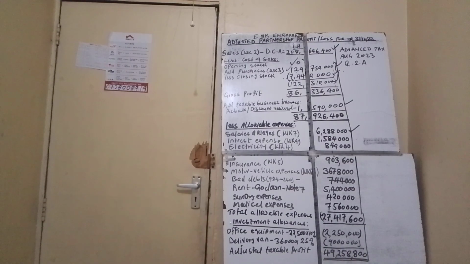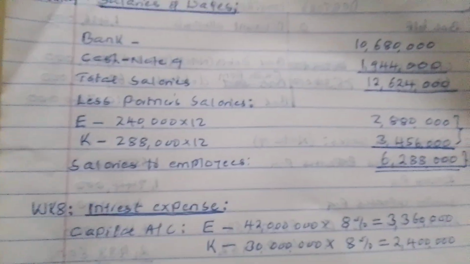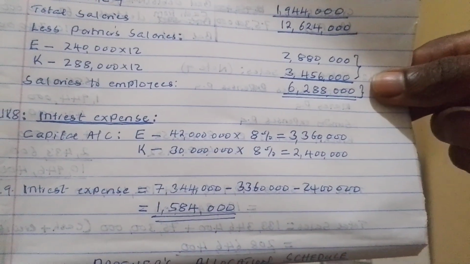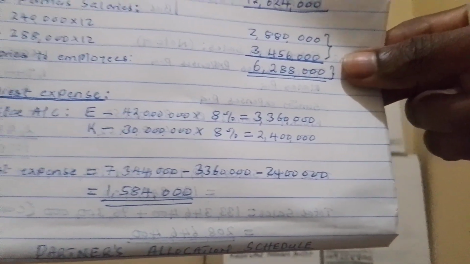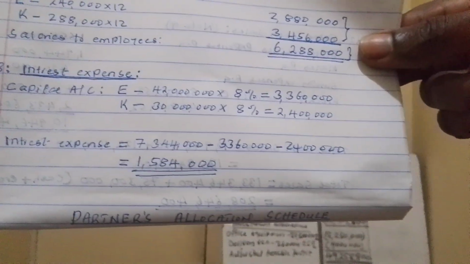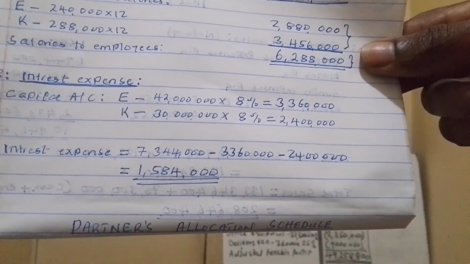And that is why with the interest expense, if you look at interest expense, you can see capital account for E. What we did, 42 million times 8%, you have the answers there. Then separate interest expense.